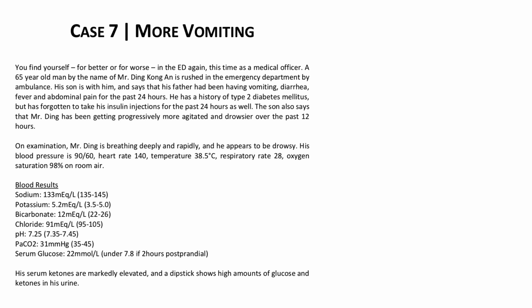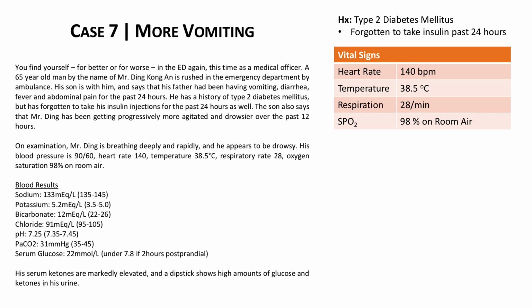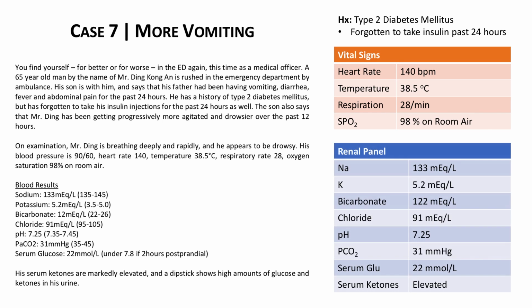History of type 2 diabetes mellitus, he forgot to take his insulin injection for 1 day, 24 hours. He has been progressively more agitated and drowsier over the past 12 hours. He is breathing deeply and rapidly, drowsy, blood pressure 90/60, heart rate 140, temperature 38.5, respiratory rate 28, oxygen saturation 98% at room air.